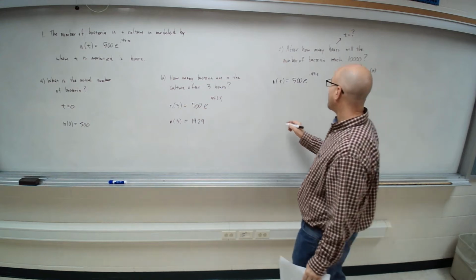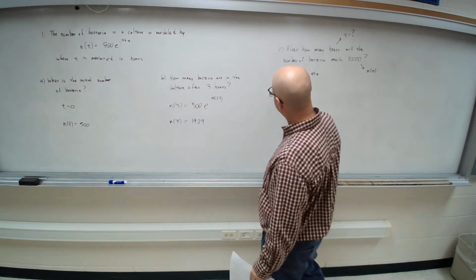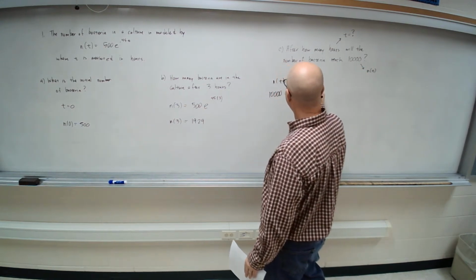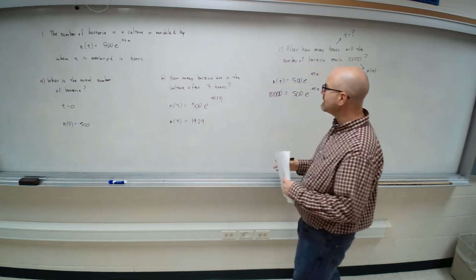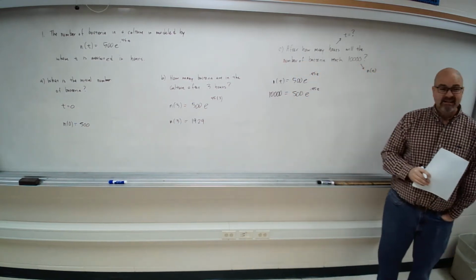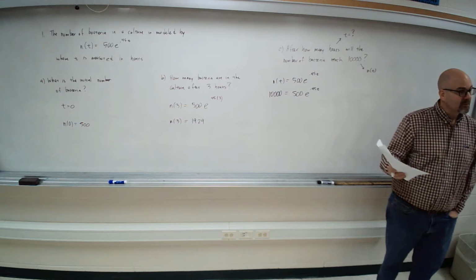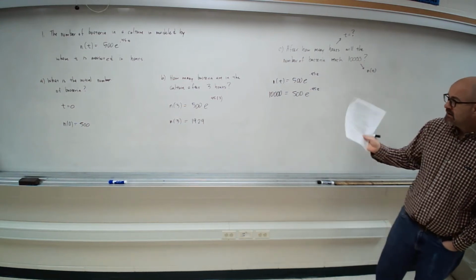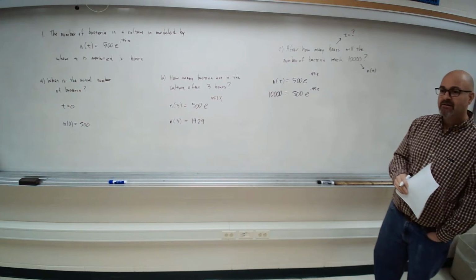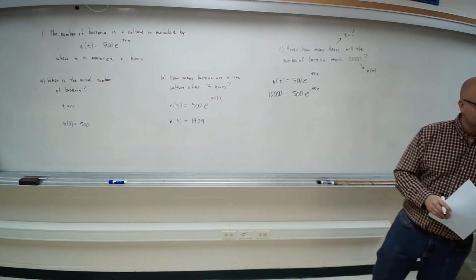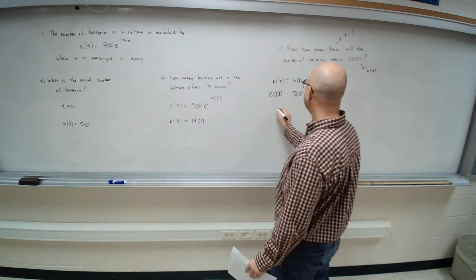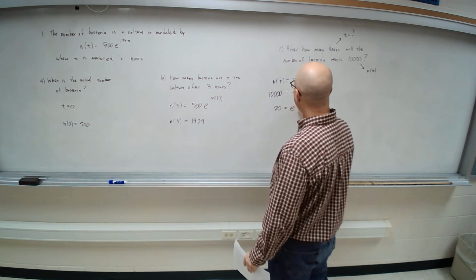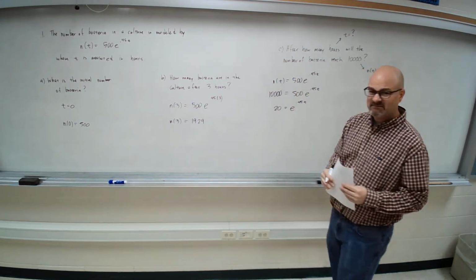So we'll get 10,000 equals 500 e to the 0.45 t. And in this case, it should look like the things we were solving over the last couple days. We're going to isolate the exponential, so we'll divide both sides by 500. And we found that was 20, I think. Yeah, 20 equals e to the 0.45 t.